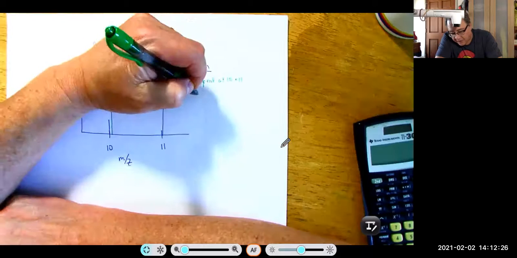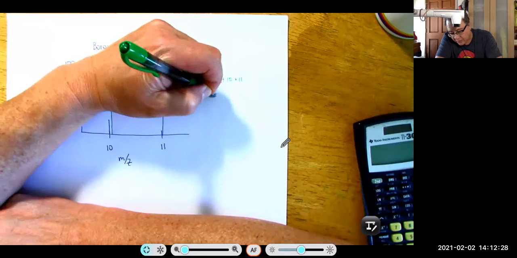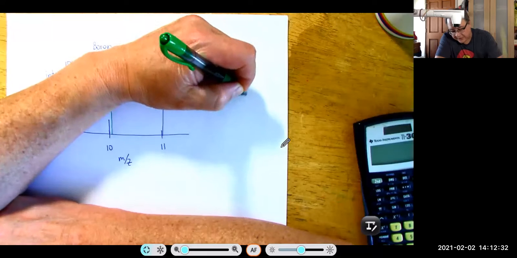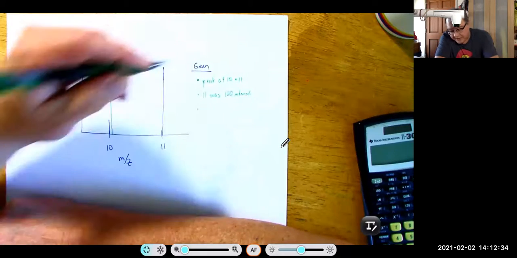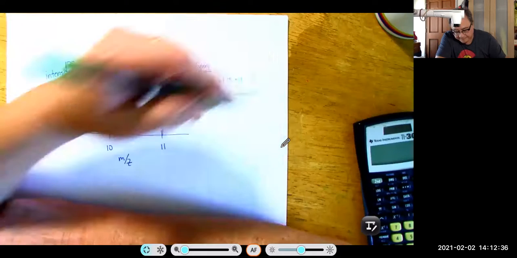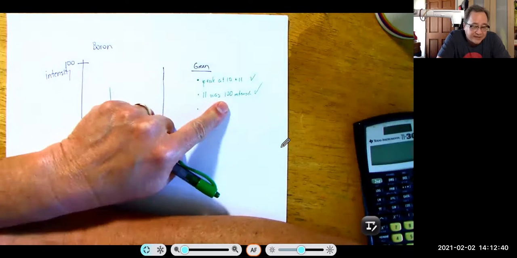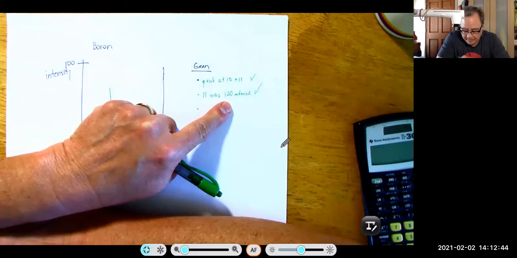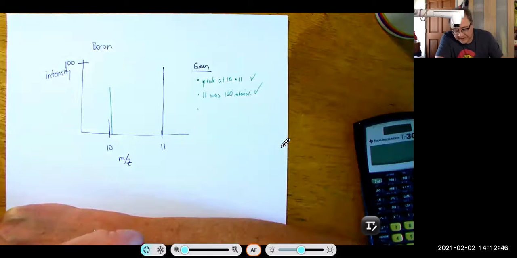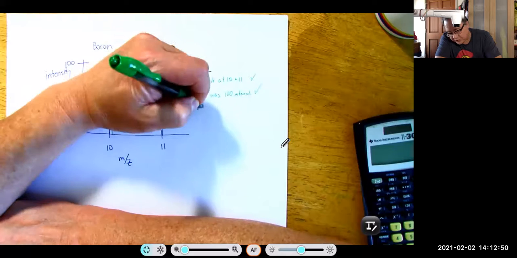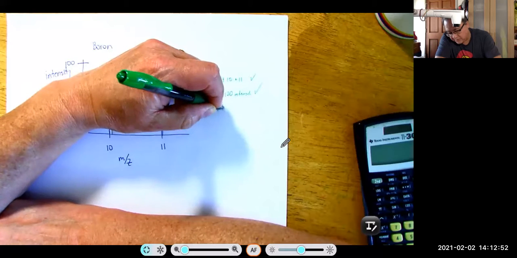Our 11 was 100 intensity, and so was the simulator. And so that's good. And this remark kind of covers that the 10 was shorter than the 11. Okay. And then the thing that we didn't do so well is that the 10 was too tall.